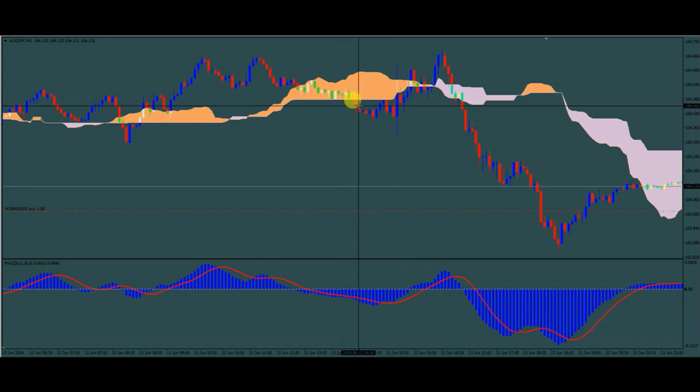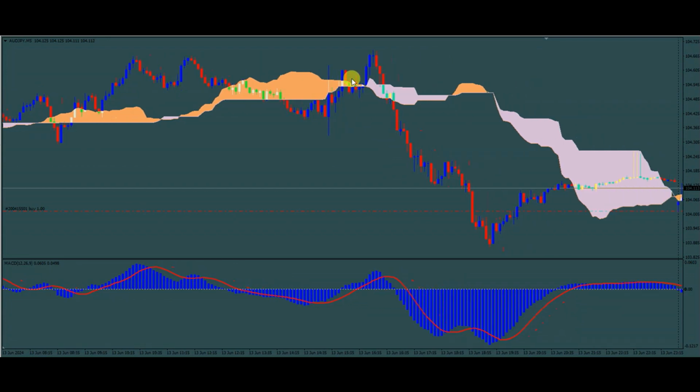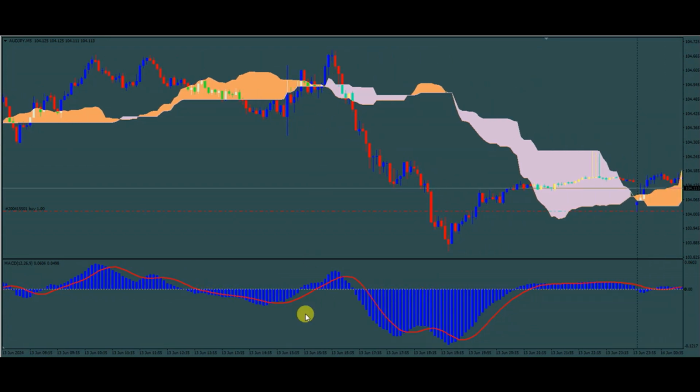So here you have the price below the cloud, and you have the MACD below the zero line, so you open your sell trade. So this is how we move. And here you have the price above the Ichimoku, and you have the MACD above the zero line. You open your buy trade.